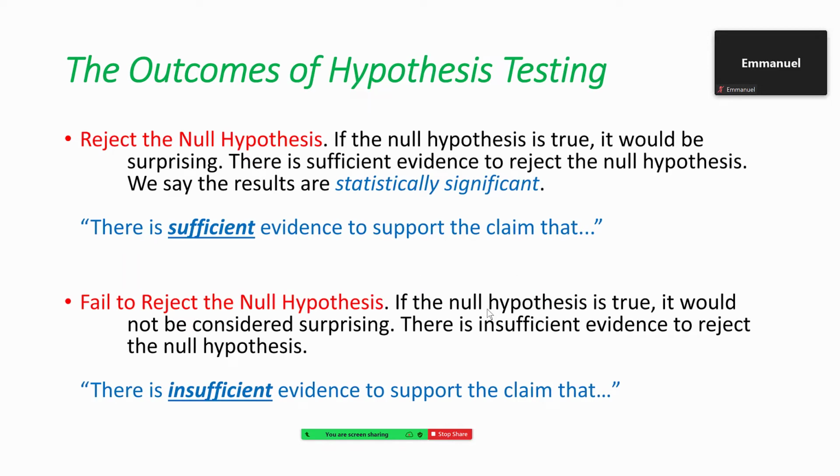So there are two outcomes of the hypothesis test. We can either reject the null hypothesis, which means if the null hypothesis is true, it would be surprising. This is the case with the example I gave you at the start of this lecture.